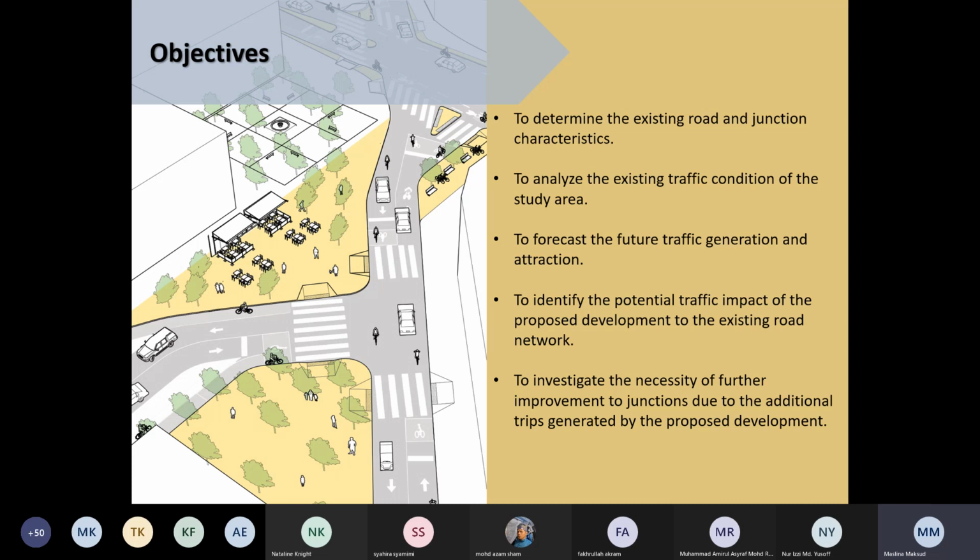How we identify the acceptable junction performance criteria is based on the level of service of the road. The acceptable junction performance usually we consider as LOS A to B, but LOS C is still acceptable.